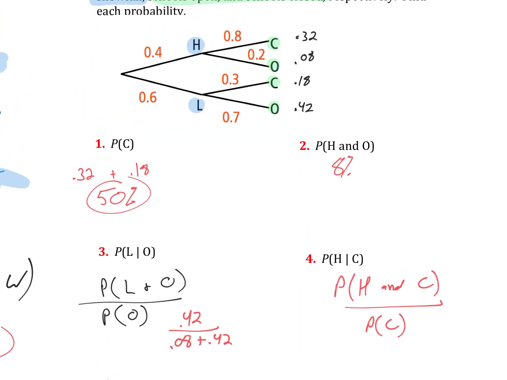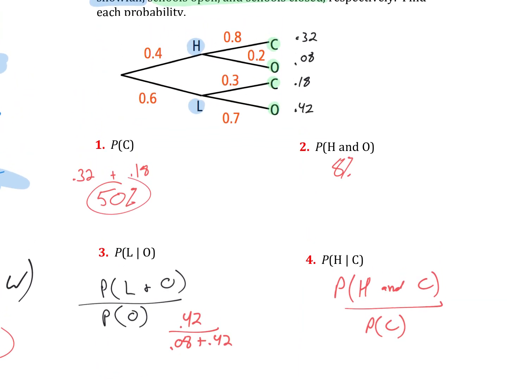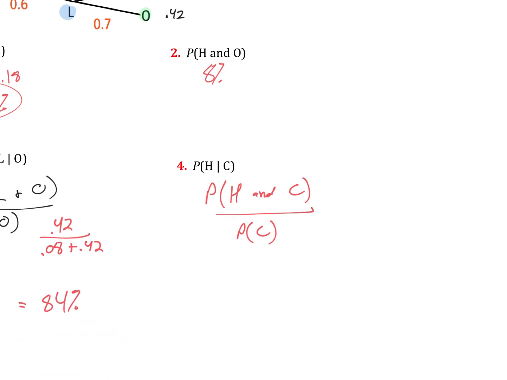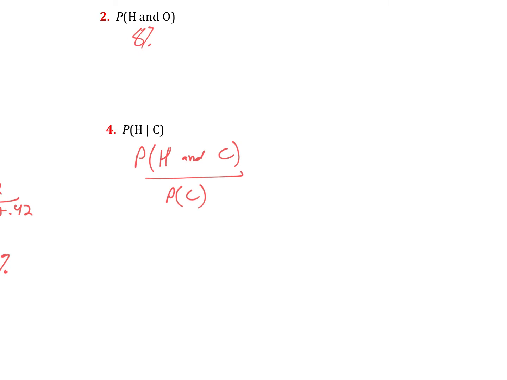Well, the probability of heavy snowfall and school being closed, heavy and closed, that's 0.32. And we already found out the probability of school being closed is 0.5. So the numerator is 0.32, denominator is 0.5. That's going to give me 0.64 or 64%.